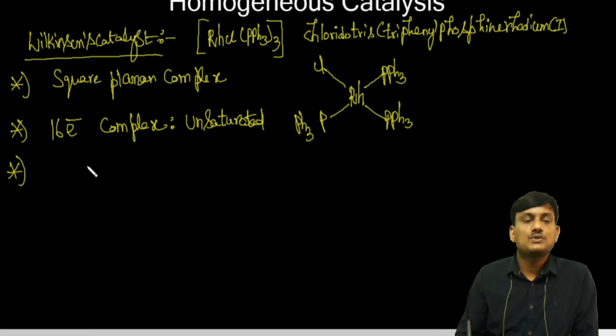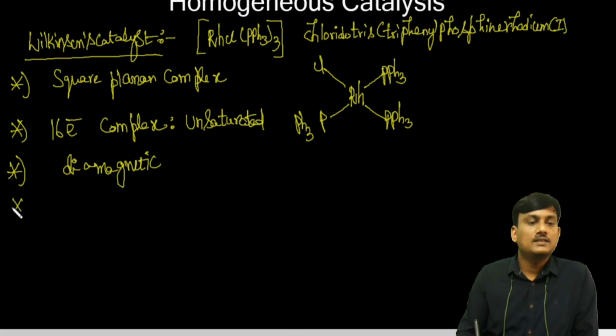Since all the electrons are paired, it's diamagnetic in nature. The behavior is diamagnetic, and it's a solid. The color of Wilkinson's catalyst is dark red brown.